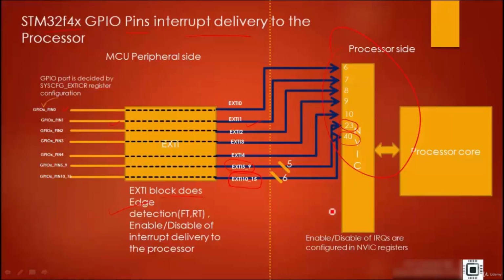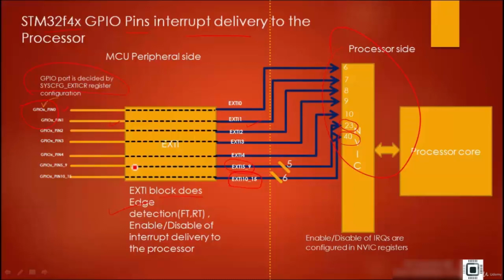So you have to remember all these points, and also which GPIO port it is. So this pin 0 is of which port, that is decided by the SYSCFG EXTI control register. This also we have to configure in our GPIO init API.